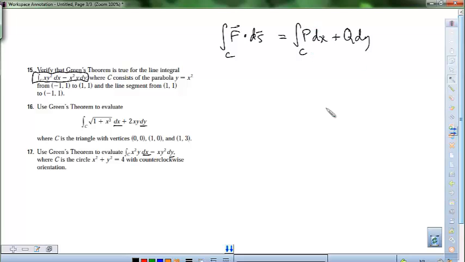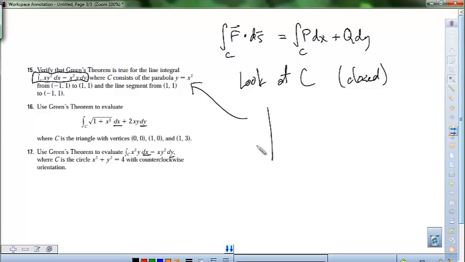The other big key for Green's theorem is looking at C. And C is usually closed. So, like for this example over here, C consists of the parabola y equals x squared from (-1, 1) to (1, 1), then a line segment going this way.